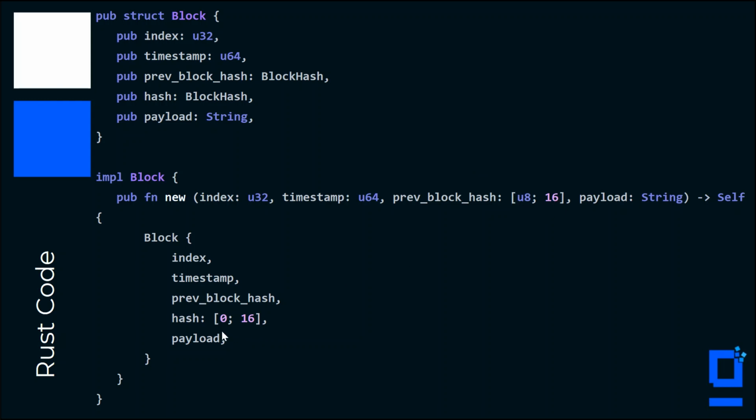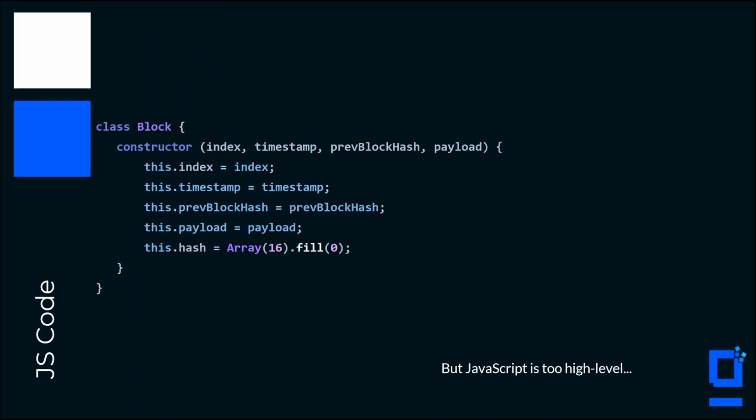So a hash is type block hash, and Rust knows that those have to be unsigned 8-bit integers and not unsigned or signed 64-bit integers, because Rust can do that type inference for you. It's pretty smart.